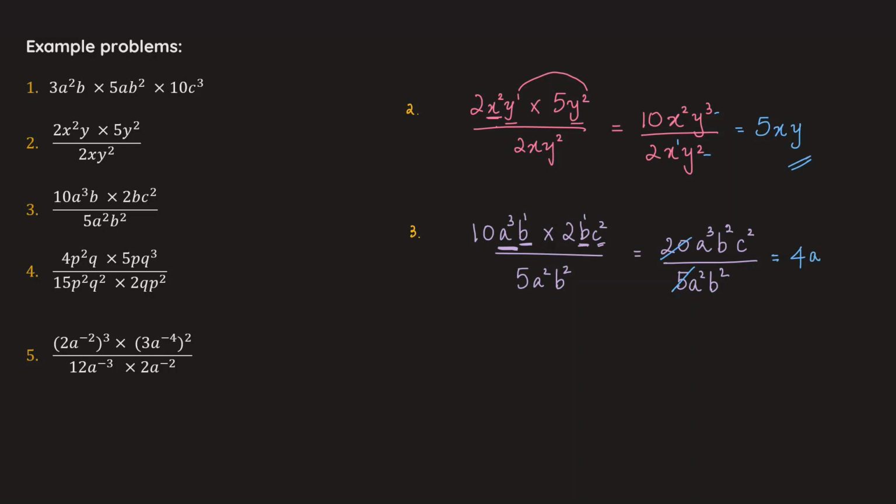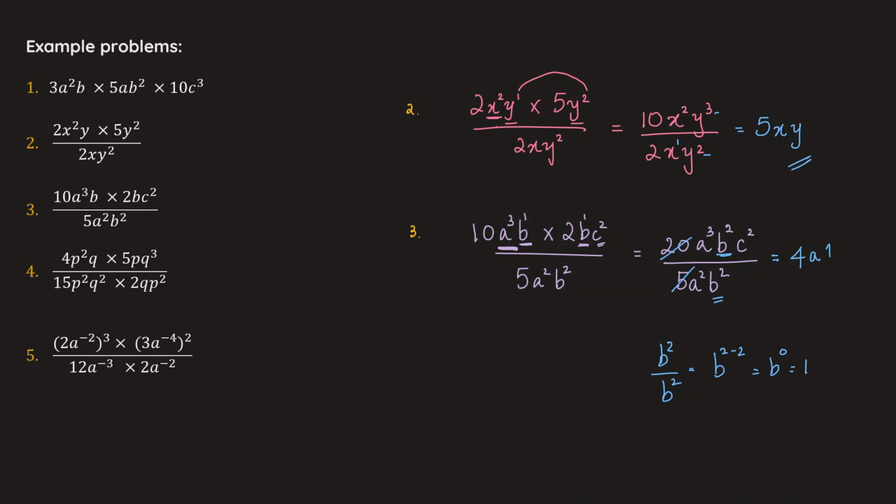And then we have b squared and b squared. So b squared divided by b squared is just b to the power 2 minus 2, which is b to the power 0. And according to the fourth law we learned, any number to the power 0 is just 1. So b to the power 0 is 1.